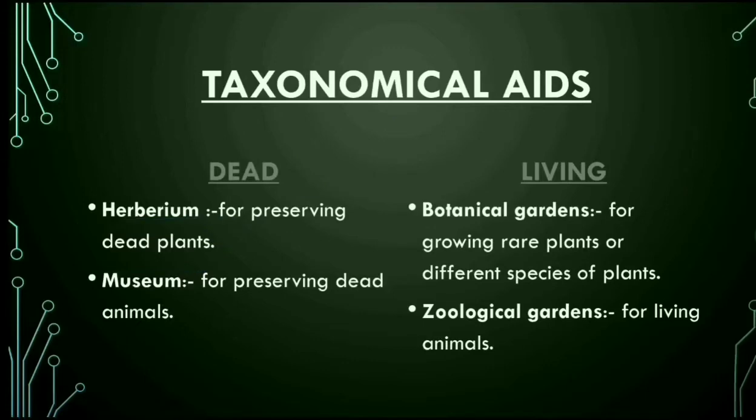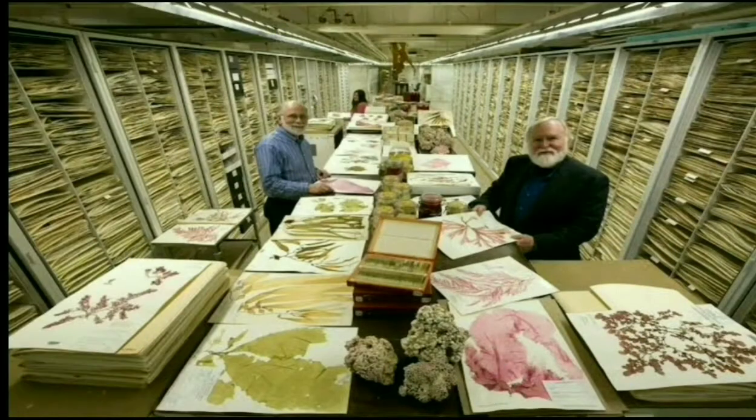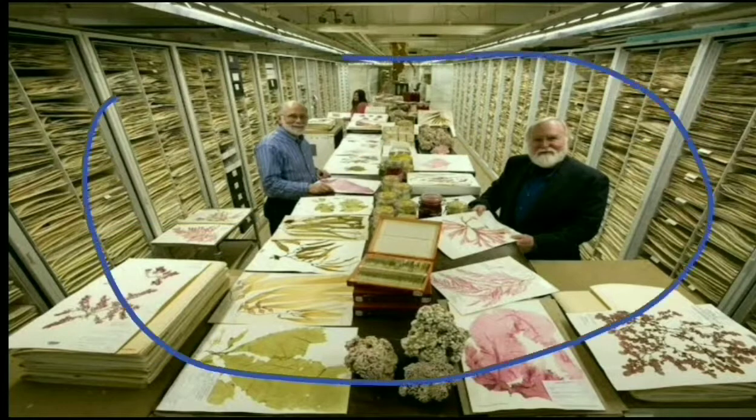Now what are herbariums? This is shown a herbarium, in which sheets are arranged and also labeled by which plant the herbarium sheet is of. By label they are arranged.